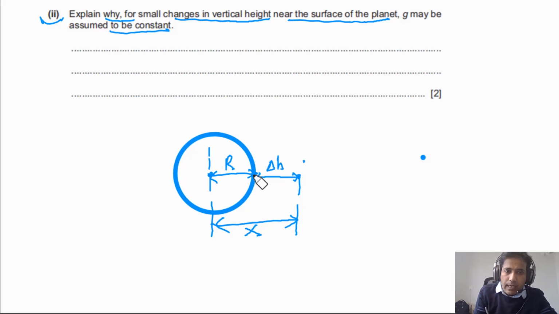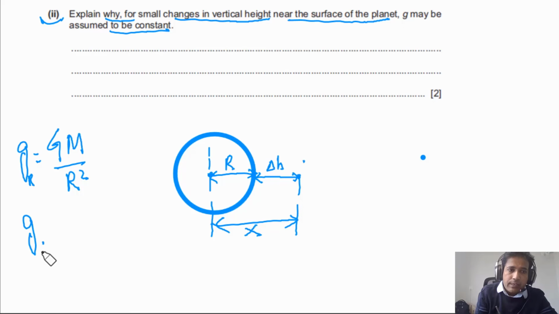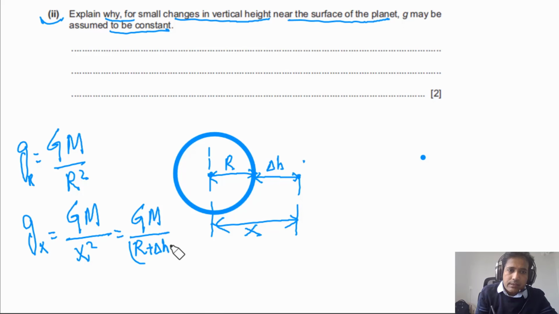The value of g at the surface will be equal to G times the mass of the planet divided by R squared. The value of g at point x will be equal to GM divided by x squared, or GM divided by (R plus delta h) squared. Now the question says small changes in the vertical height.